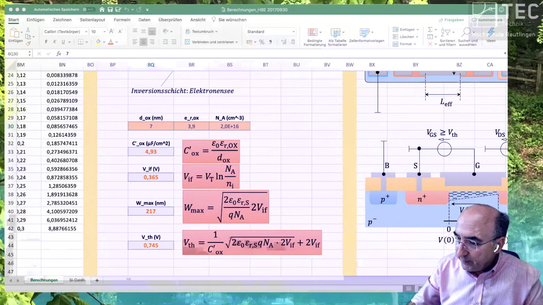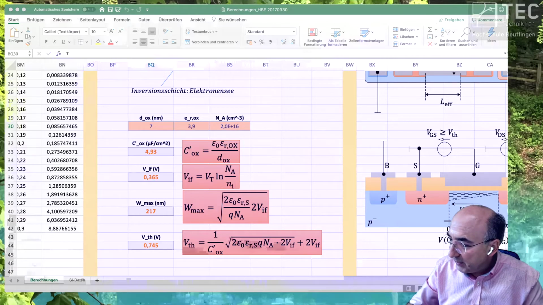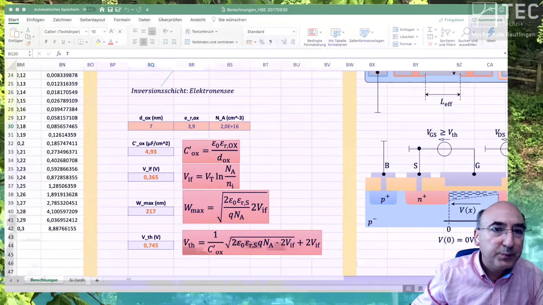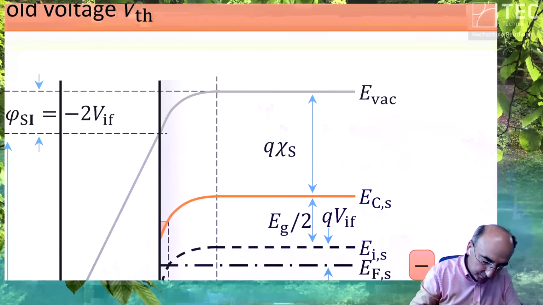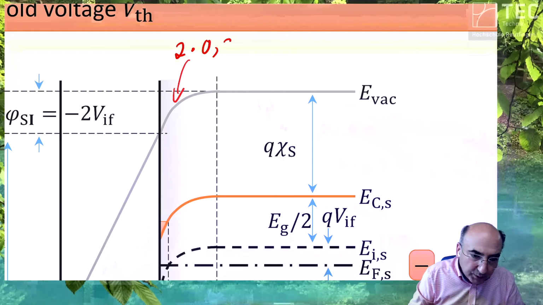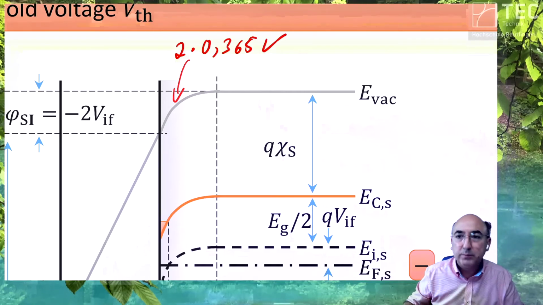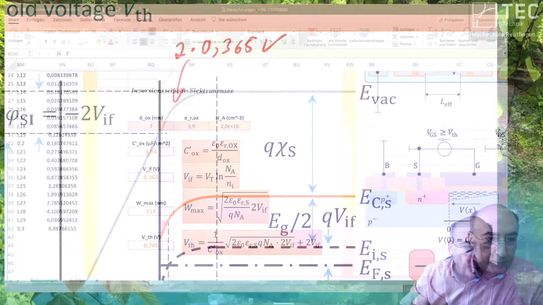The VIF is 0.365. It's calculated by this equation, like in the lecture. So that means the bending is 2 times 0.365 volt with the given physical values in the spreadsheet.